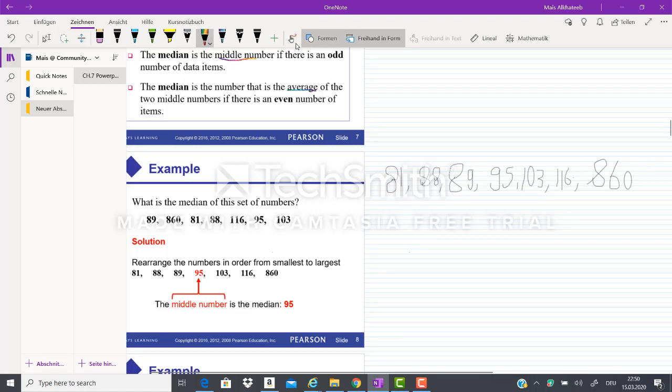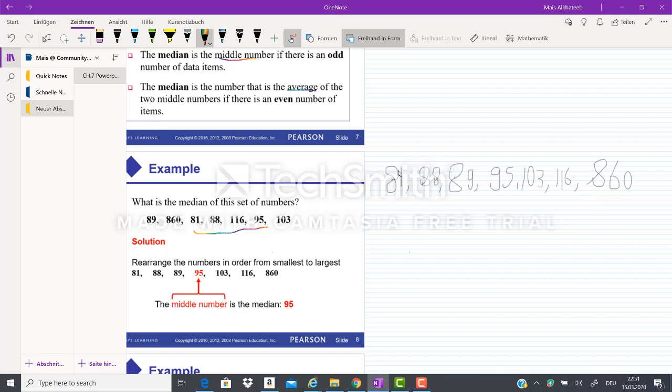What I have to do at first is rank the data, so I rank the data from the smallest to the biggest. أصغر واحد هو 81, then 88, 89, 95, 103, 160, 860.